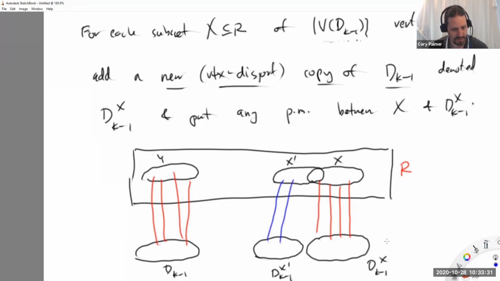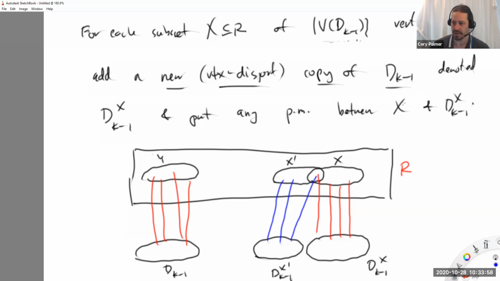I didn't draw this very well, but this red edge goes into there, and there'll be a blue one going here as well. So this vertex above here gets its degree increased. In fact, you can predict the degree of a vertex here. It'll be how many times a vertex can be in a set X of size the number of vertices of D_{k-1}. You can compute that number if you want, but it doesn't matter.